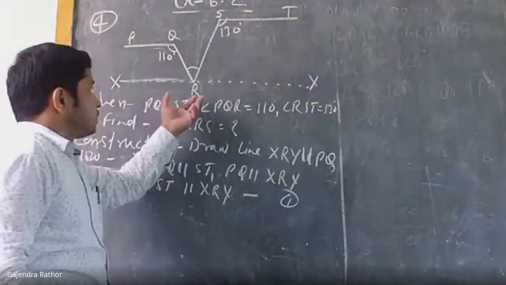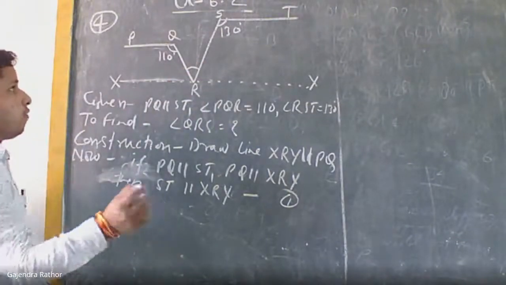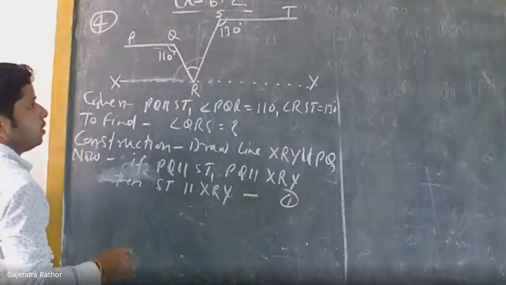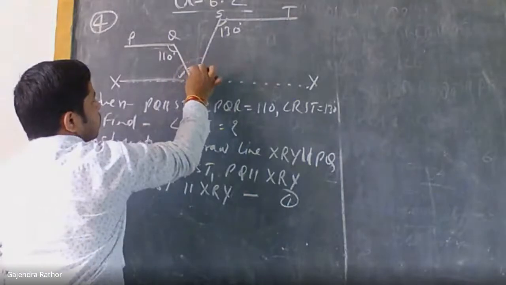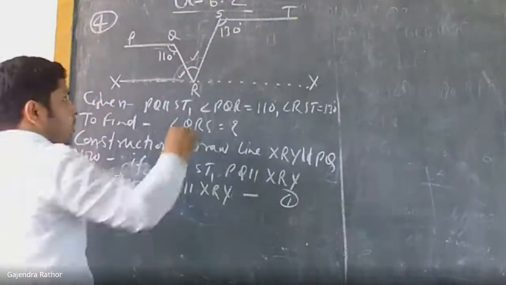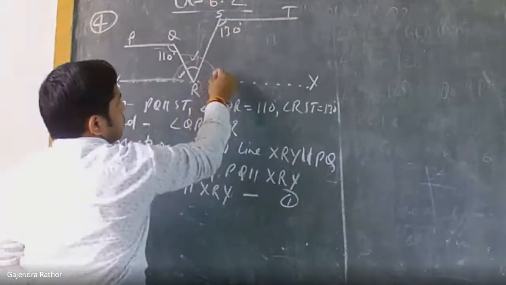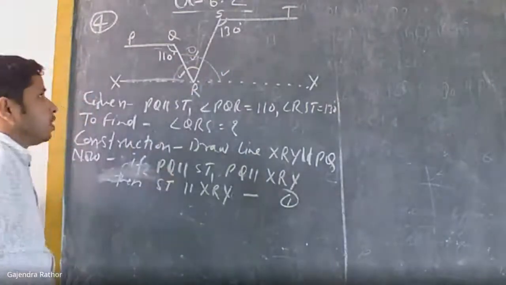The problem is how can we find the angle QRS? There are two ways. First way, if we find the complete angle and subtract this angle, the remaining portion will be QRS. The second way, we find this complete angle and subtract this angle, and the remaining portion will be QRS.